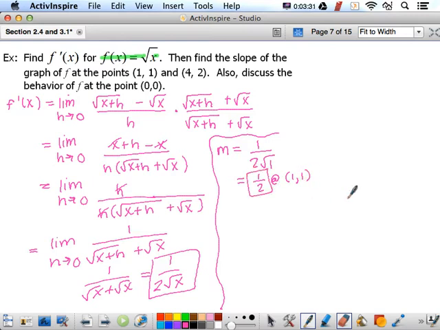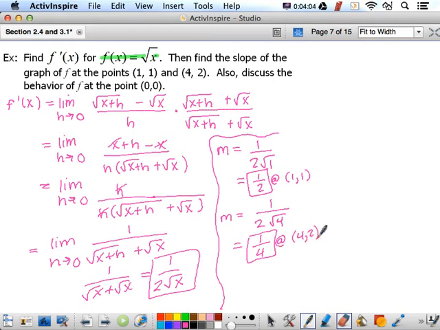Does everybody understand what we just did there? To find the slope at (1, 1), I simply took the derivative and plugged the point into the derivative. The derivative only has an x, so we're not using the y value of the point, just the x value. Now to find the slope at the point (4, 2), I'll take my derivative, 1 over 2 square roots of x, and I will substitute the x value of 4 here. And that gives me a slope of positive 1/4 at the point (4, 2).